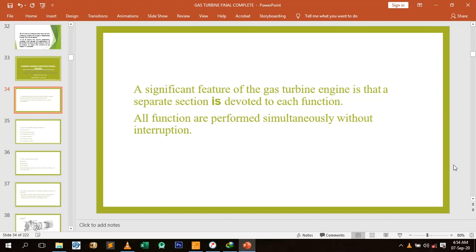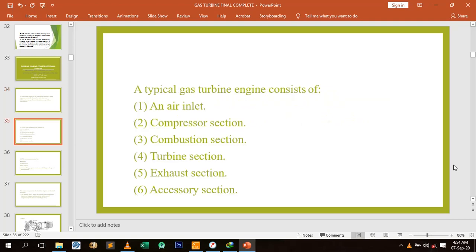Unlike a piston engine, whereby combustion, compression, exhaust and intake all take place in the same chamber, the cylinder chamber, here this is different in a gas turbine. We have a separate section for inlet, compression, combustion, then exhaust, all taking place at the same time without interruption.